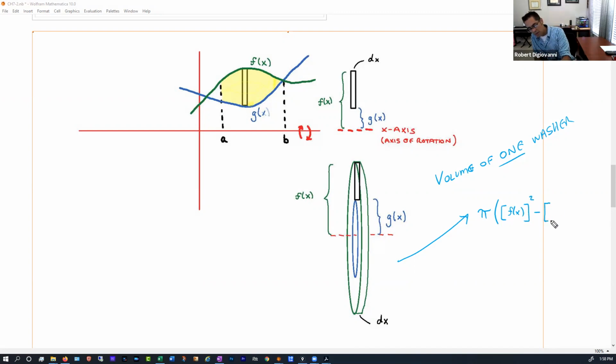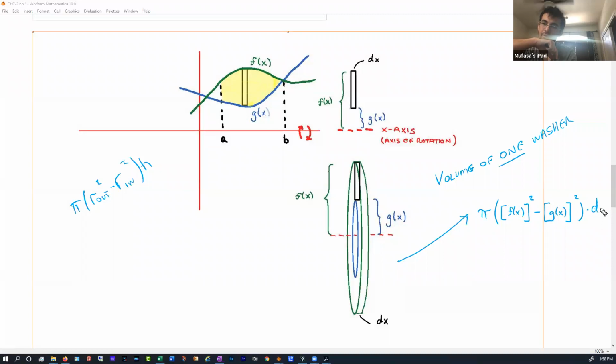What's the inner radius? g of x. So g of x squared, and then times the height. So I'm using this pi r out squared minus r in squared, which everyone told me they agreed this formula was right. Okay, so what was the height for us?